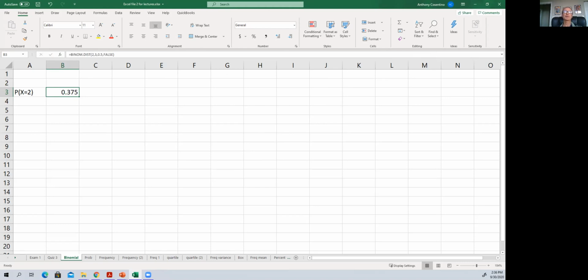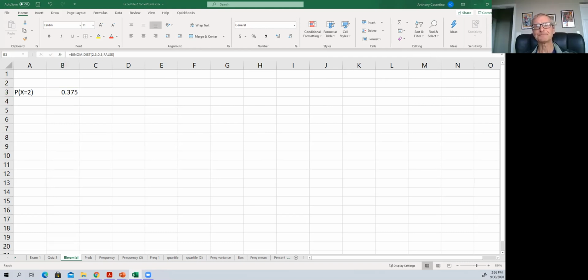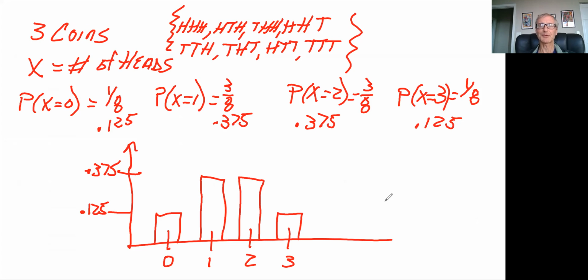And so what I have written up here on the whiteboard now is this analysis of flipping 3 coins. And so our n value is 3. Our x value is the number of coins, number of heads, excuse me.